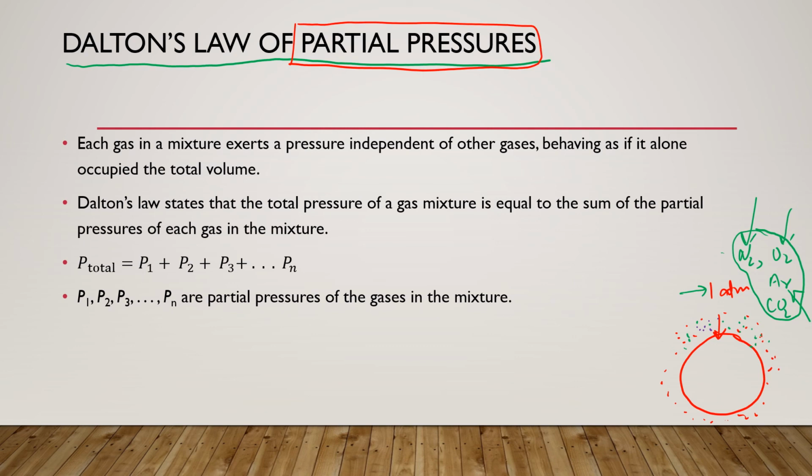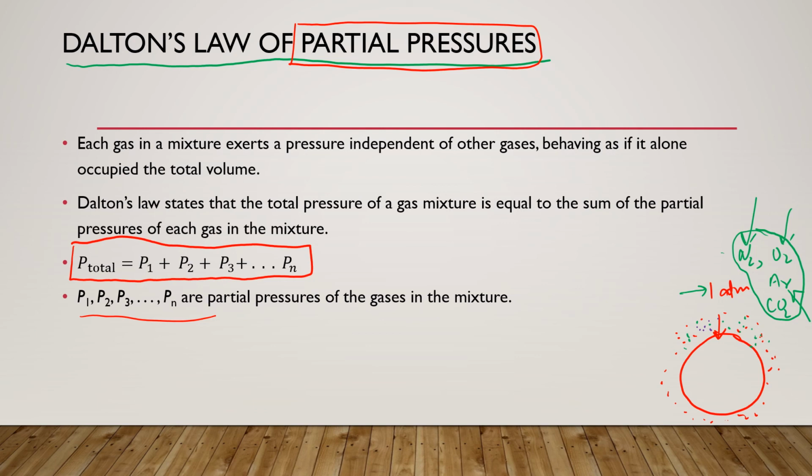So if we have n number of gases in a mixture, then the total pressure will be equal to P1 plus P2 plus P3 and so on, where P1, P2, P3 are the individual pressures of all the component gases. So this law is known as Dalton's law of partial pressure.